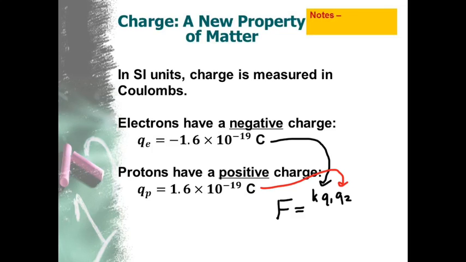And then I would divide that by the distance between those two squared. More often than not, you're going to be dealing with charges of electrons and protons more than charges of a Coulomb, 2 coulombs, 5 coulombs. So we need to get used to remembering that a unit of charge for an electron or a proton is 1.6 times 10 to the negative 19 coulombs.